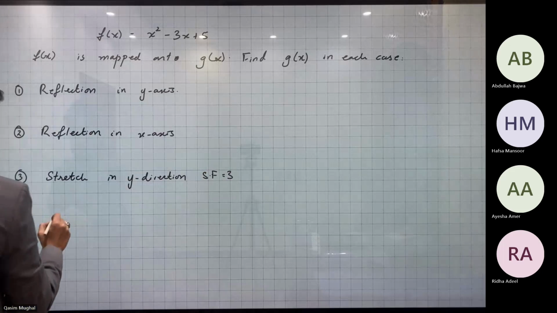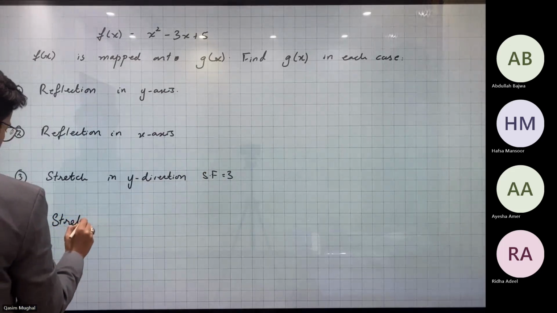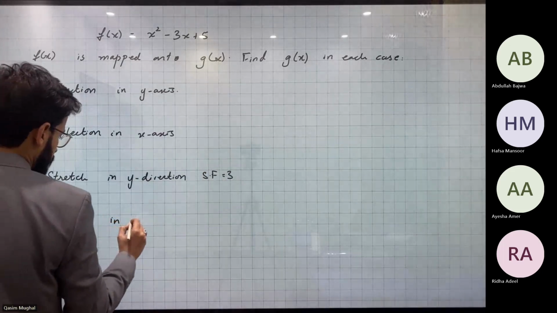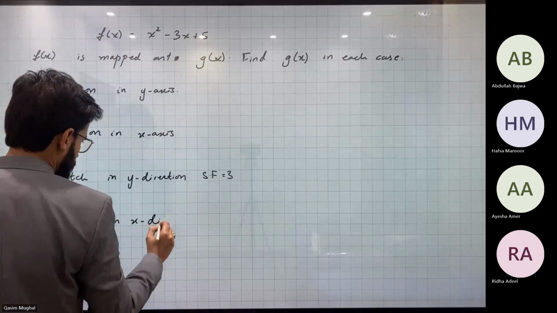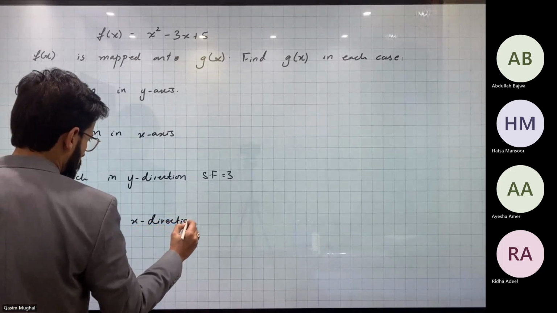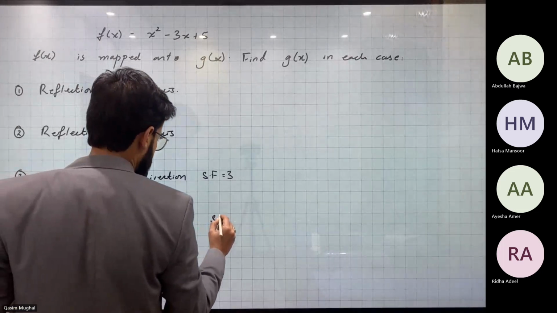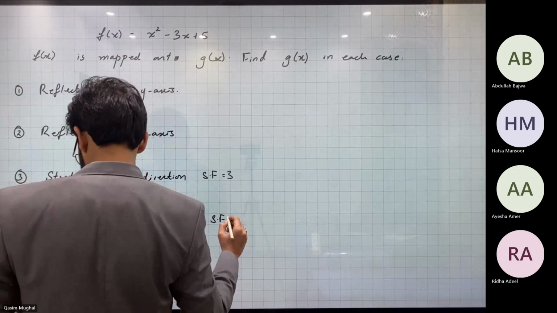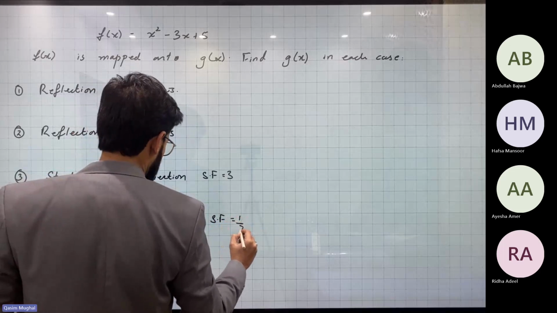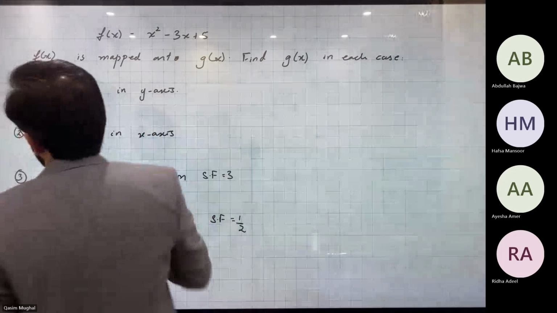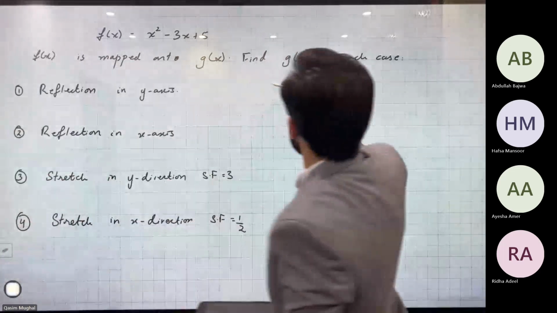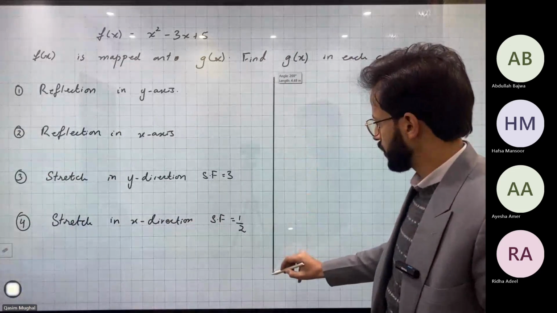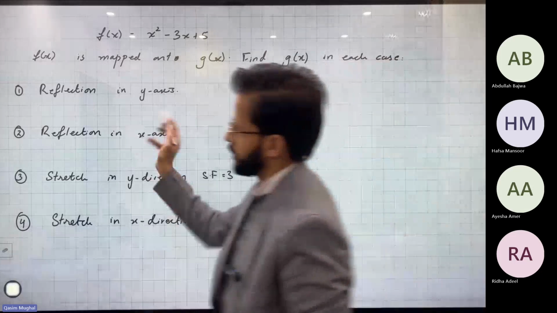Fourth, stretch in x direction. Stretch factor 1/2. जी ऑफ एक्स निकालते जाए आप सारों के साथ.